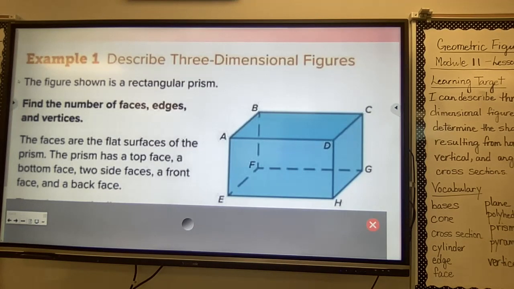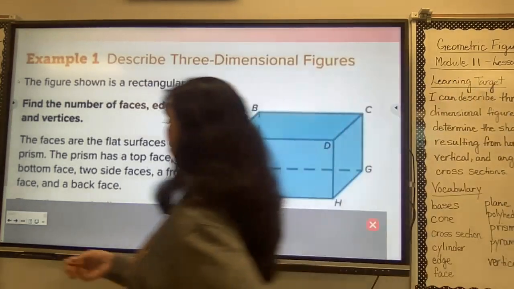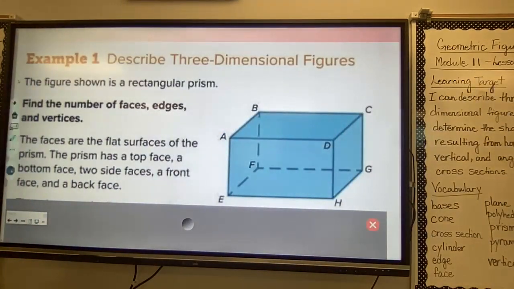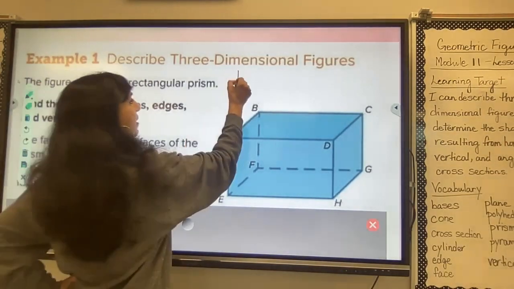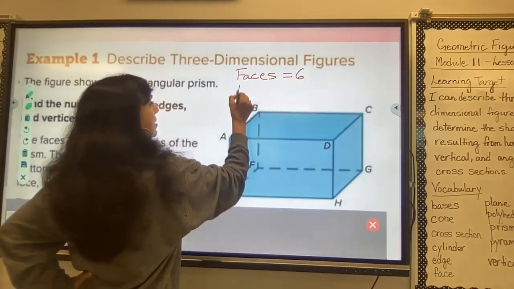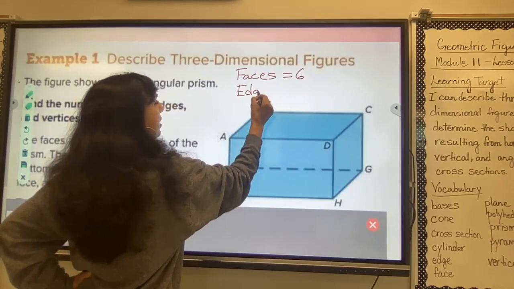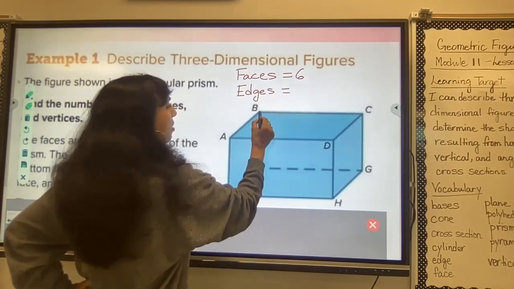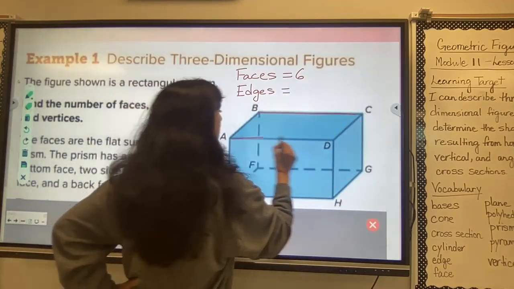All right. Let's look at all the edges here. So we had faces were 6. Let's look at how many edges there are. Edges are all of these. This one and this one.